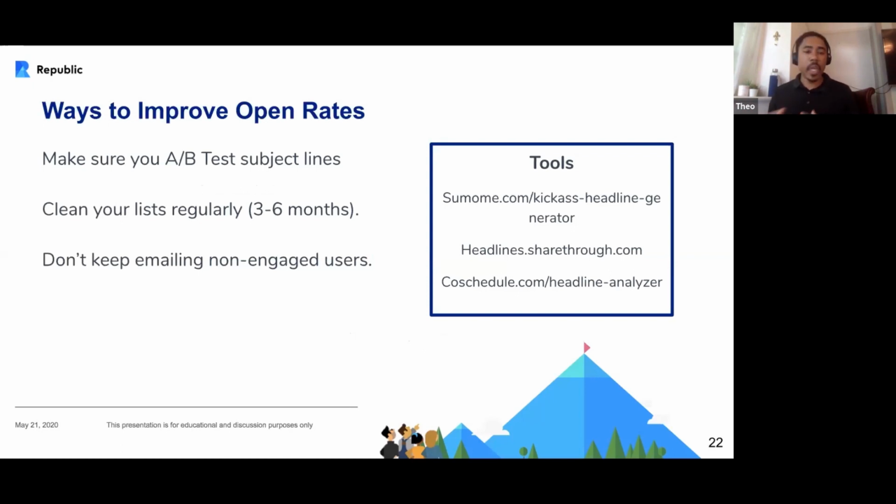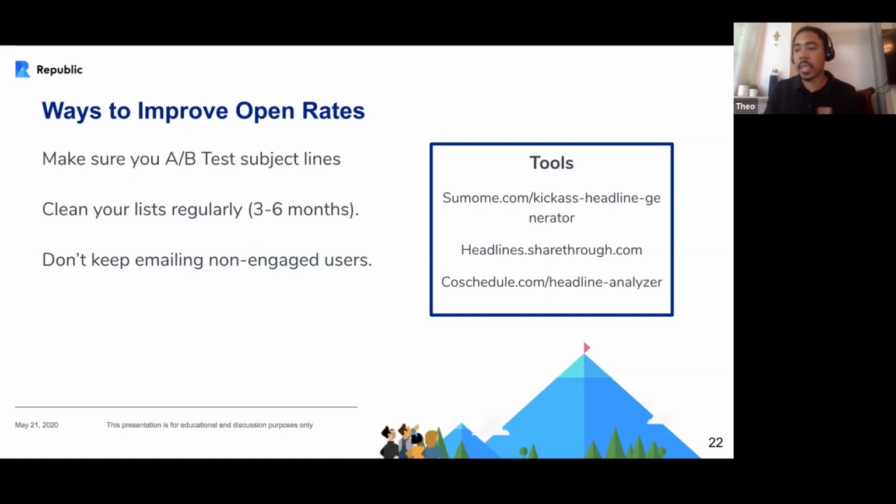So if you're really seeing low open rates, think about cleaning your list, and then you can try different things to move forward because you've got a better open rate. And then there's going to be A/B testing as well.